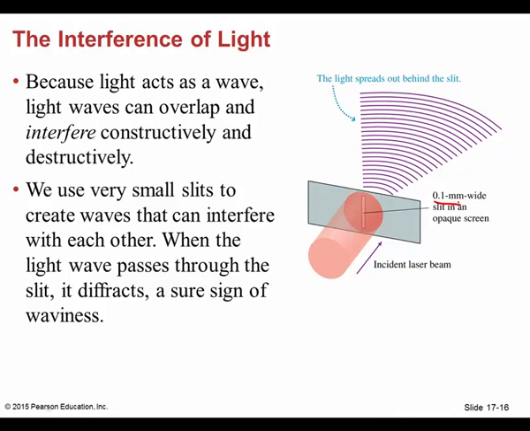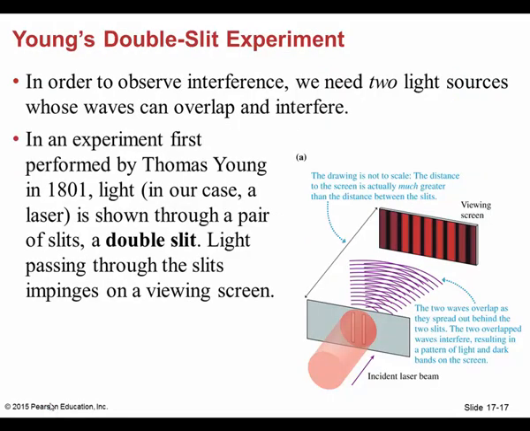So when you get a really small slit, you get really good diffraction. Why? Well, because the slit is getting closer to the actual wavelength of the particular light.